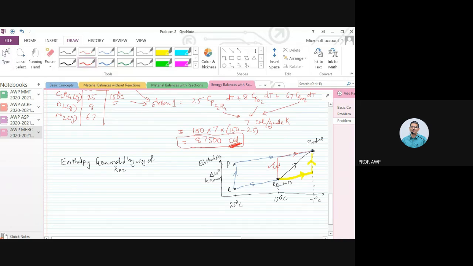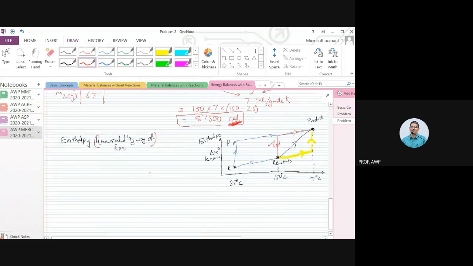So now we are saying enthalpy generated by way of reactions, and so all we need to do is look at delta H for the, not zero, I should not write zero, it's not a standard state. I would say delta H for the reaction 1 at 150 degrees centigrade I need to find out, and delta H for the reaction 2 I need to find at 150.